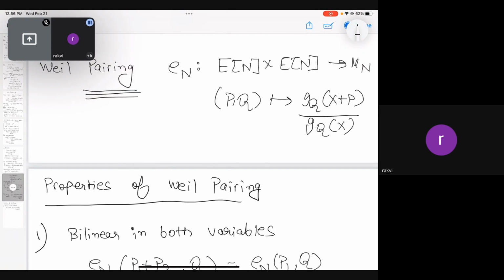So En is a group, right? If you take the set of all n torsion points, it forms a group, because if you add any two n torsion points, you add it n number of times, they will also go to zero, and it contains inverses and identity and everything. So I'm taking a product of two groups and defining a map from the product of two groups to another group. So these things can be generalized.